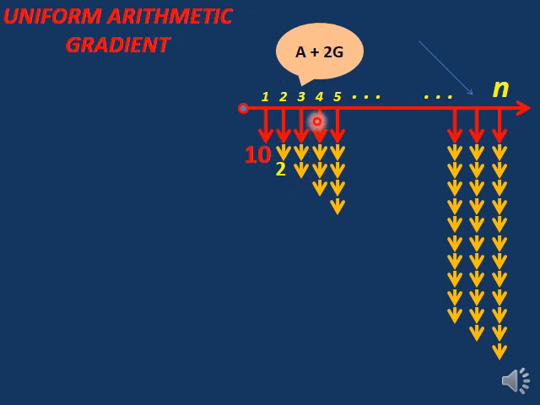Let that be our A, which is 10,000, plus 2 times 2,000, or A plus 2G. On the fourth payment, our payment will be 10,000 plus 3 times 2,000, or in formula, A plus 3G.